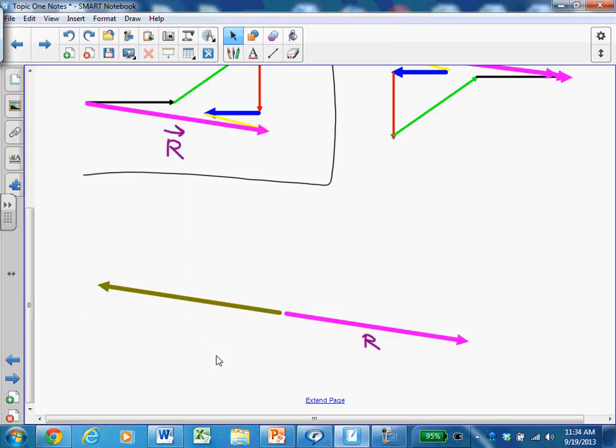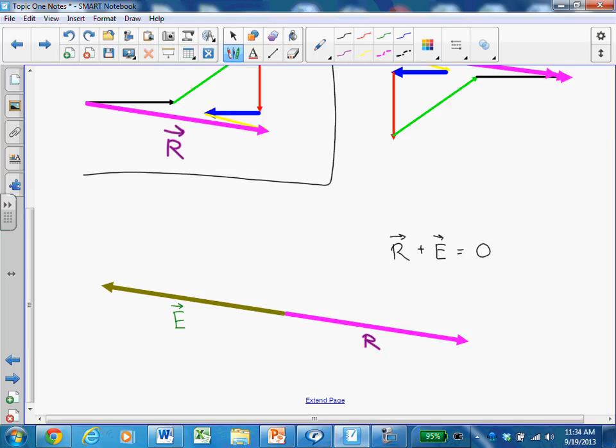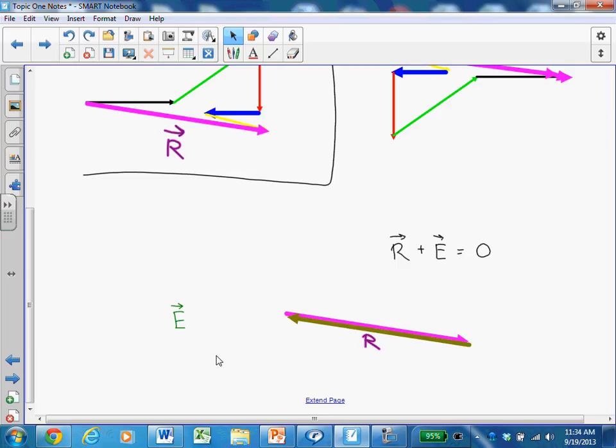There's what's called our equilibrium, E. What's the sum of R plus E? R plus E equals 0. See, if I overlap these on there, we get 0.